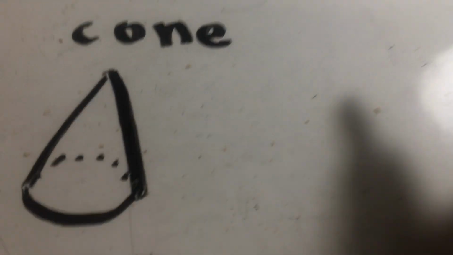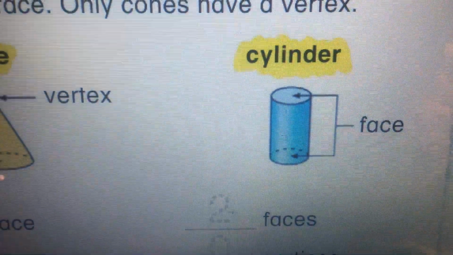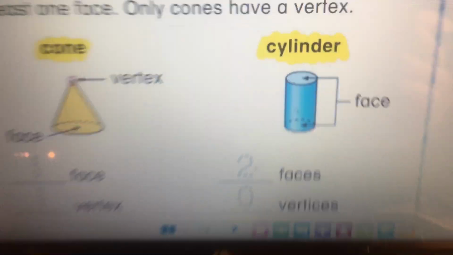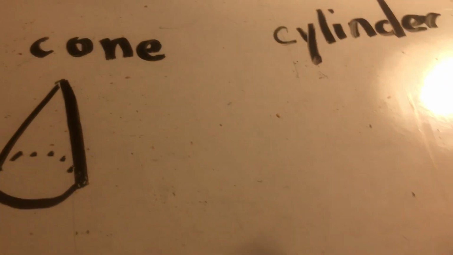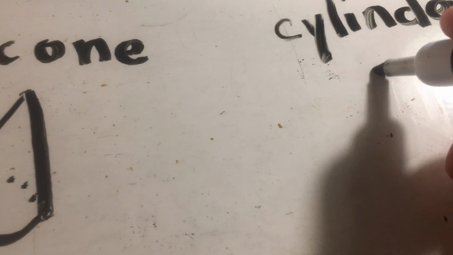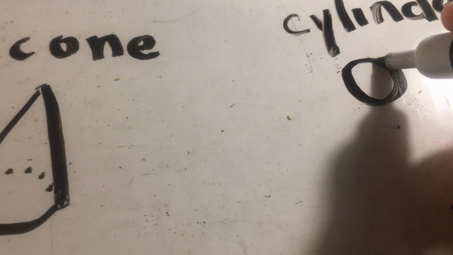All right, for the cylinder, cylinders are kind of a little bit like rectangles, but they've got faces on top and the bottom. So we're going to start with our circular face on the top.